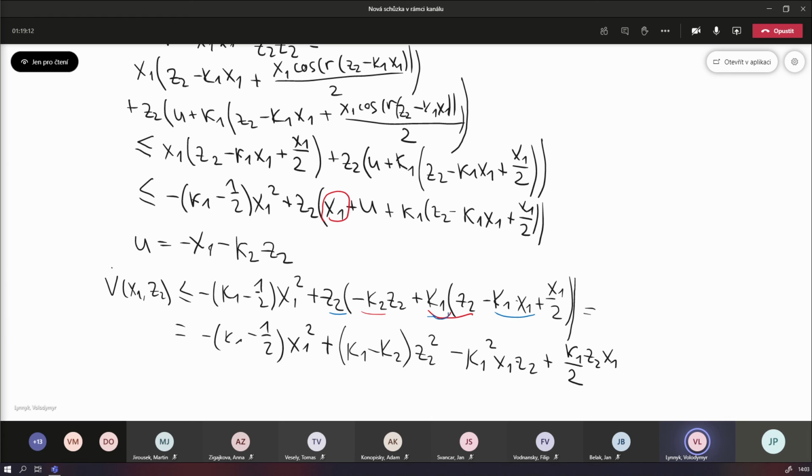for which the derivative of the Lyapunov function is negative definite. This is the last step.